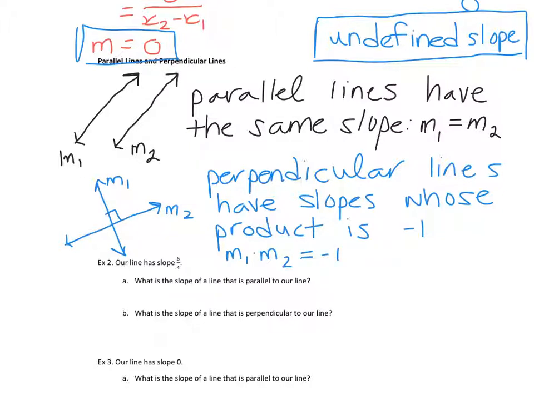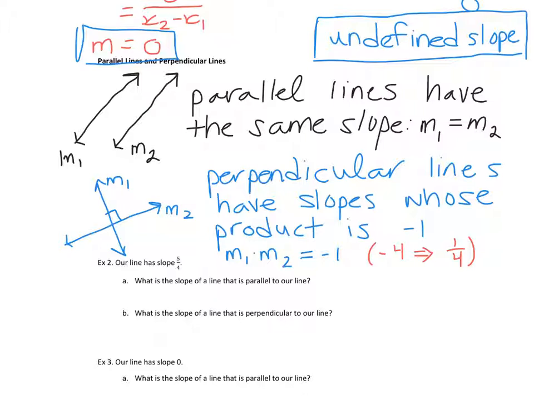So just to do a quick example, because that is a little bit confusing. Let's say we have a slope of -4. Then for the perpendicular slope, we're going to flip the 4 and do the opposite sign, so it would be 1/4.